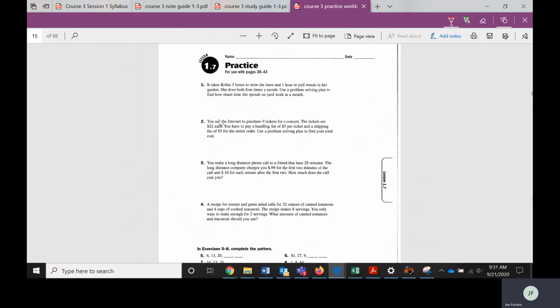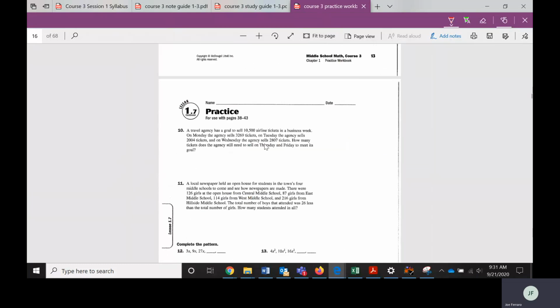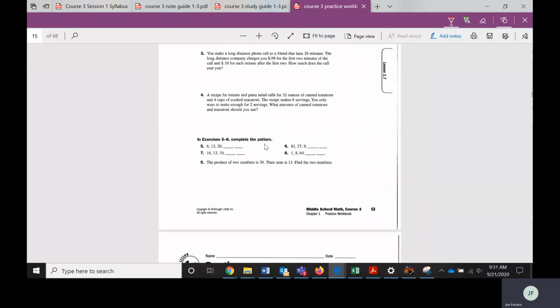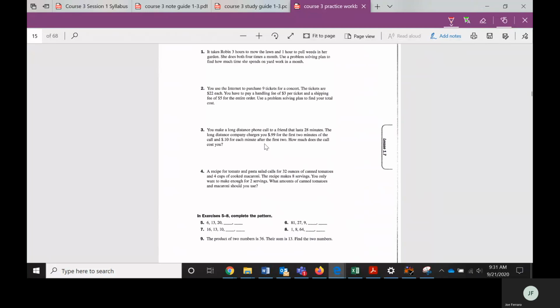Practice, you could go and try any of these problems. Remember that this is worth extra credit. The answers are in the back. If you're not getting the answers, you can ask me questions. And then for your next assignment for tomorrow, I will post a review. Maybe that'll come today.